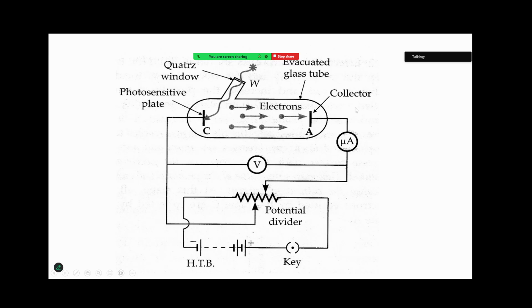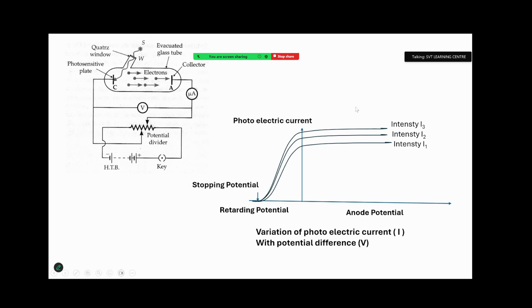Okay. Moving forward, we see that for all possible lights of all possible frequencies, the photocurrent is indicated by the ammeter, or in other words, electrons are emitted by plate C only when the light has a frequency greater than a fixed frequency, which we will call the threshold frequency.